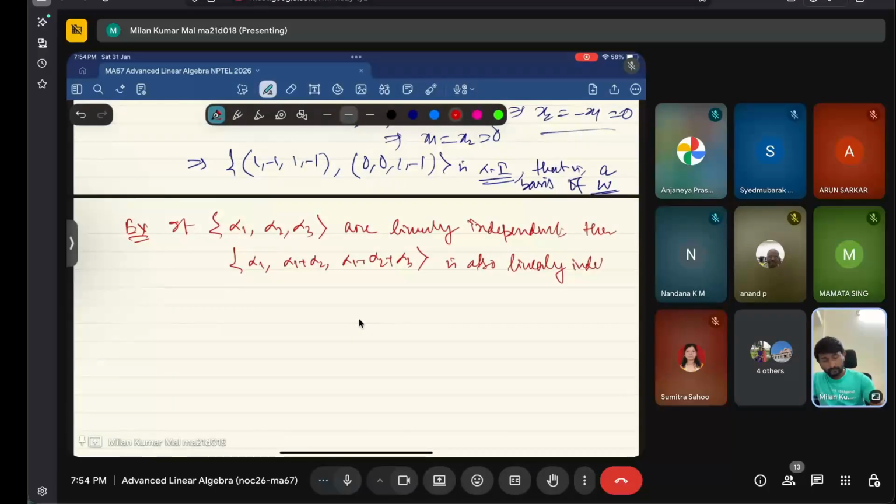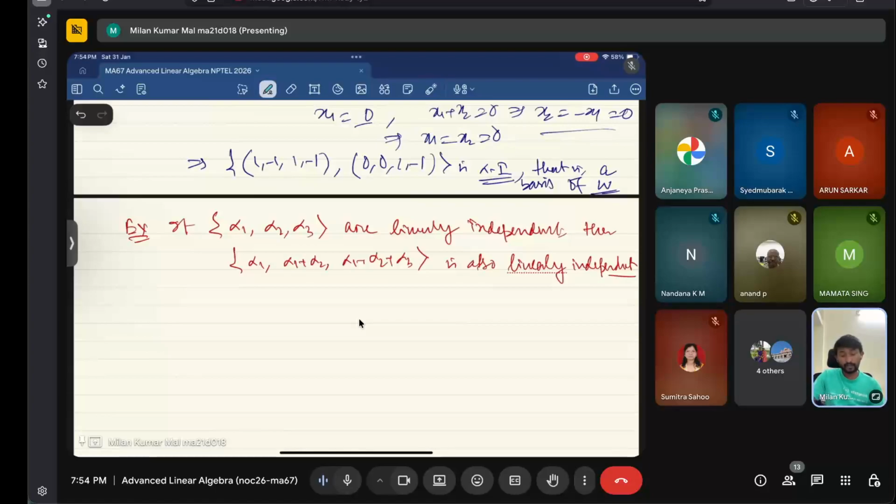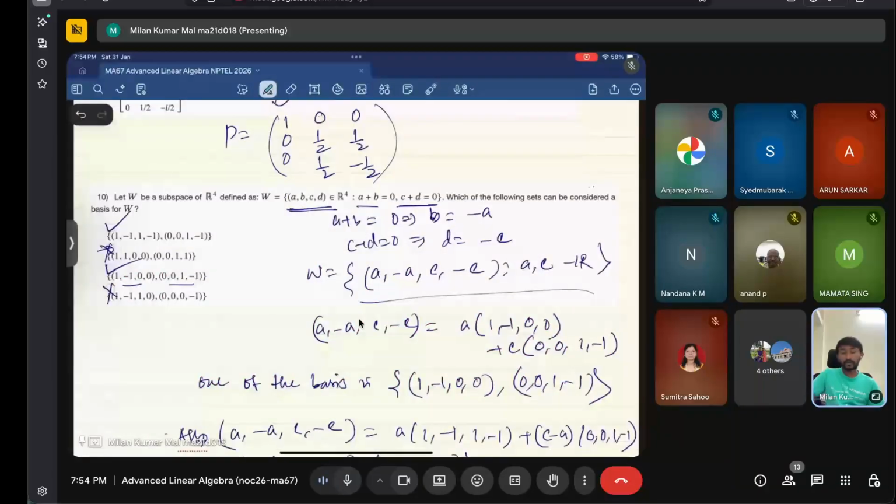Why am I saying this? Because here we have encountered something like this. If you look carefully at the first option, the second vector is as it is given, but the first vector in the first option is actually the addition of two vectors in the third option. So that's what I'm saying. I hope it is clear. If there is any doubt, you can ask.